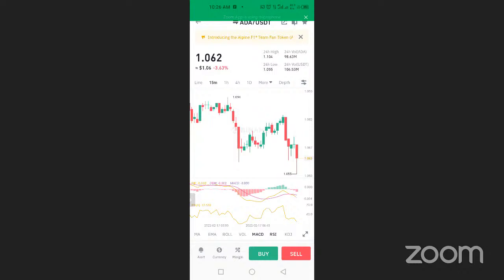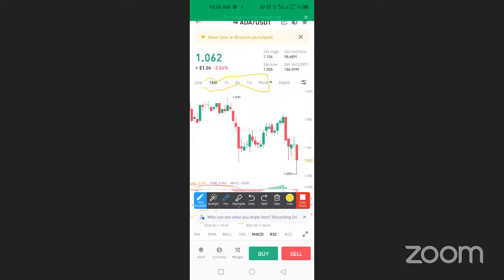Now, when it's open like this, you will see here the time frame. In this chart, we have different times to check, and each of these candles represents the time that I use. You see 15M there. 15M means 15 minutes. 1H there means 1 hour.